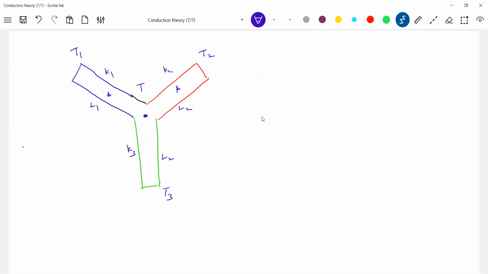So let me give an idea like this: T1 greater than T2 greater than T3. All of a sudden I'm asking, it can happen. So I want the temperature of the junction. Find the temperature of the junction.